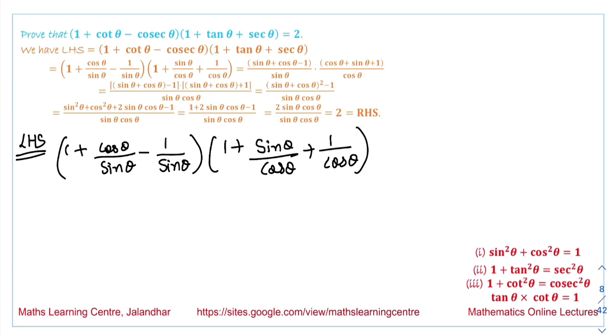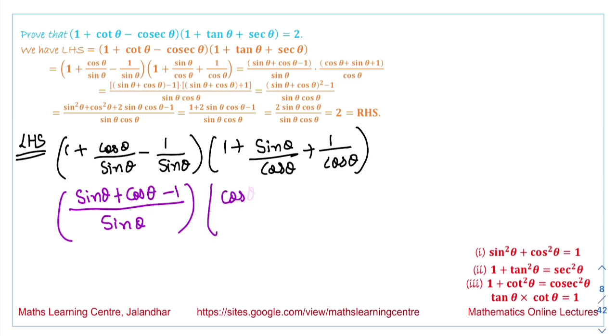If we take the LCM for both these terms, sin theta is the LCM over here, and the terms we get are (sin theta plus cos theta minus 1) into (cos theta plus sin theta plus 1) over cos theta.